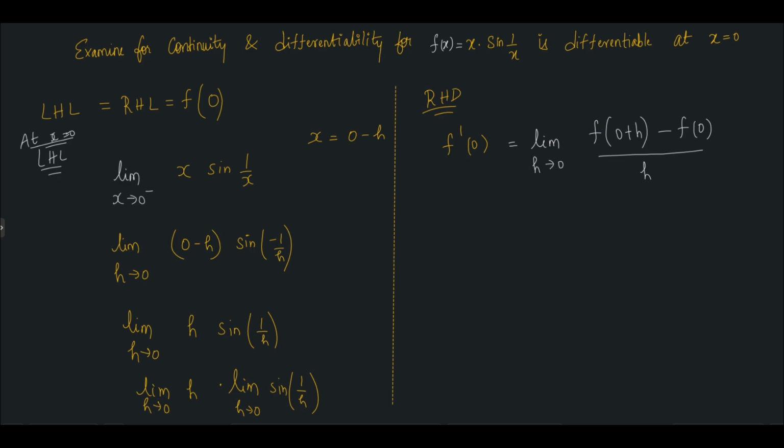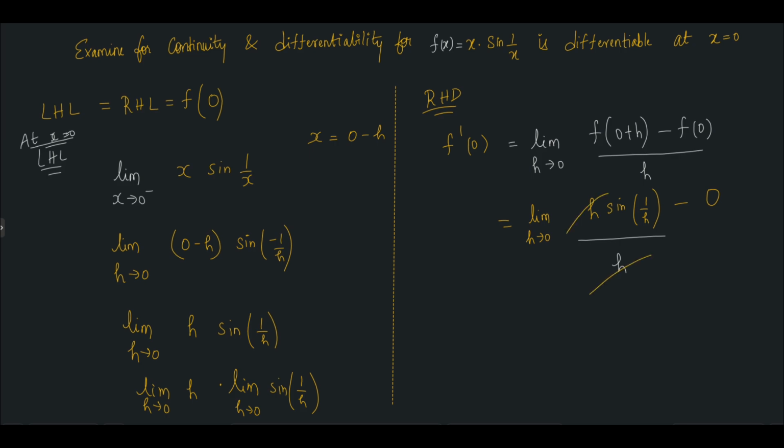Yes. Now substitute limit h approaches 0. In place of x, you are going to replace 0 plus h. So h into sine 1 by h minus, anyway, this part is going to be 0. 0 into anything is 0. Divided by h. Yes. Till here, any calculation for anyone?